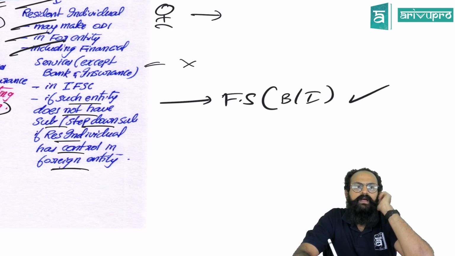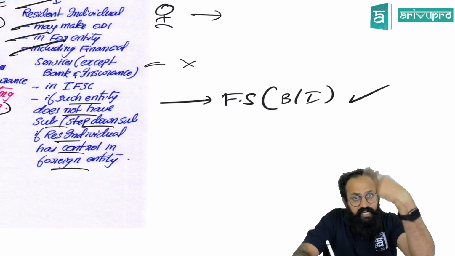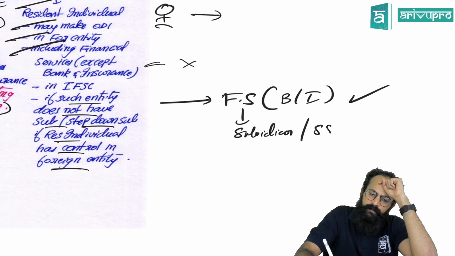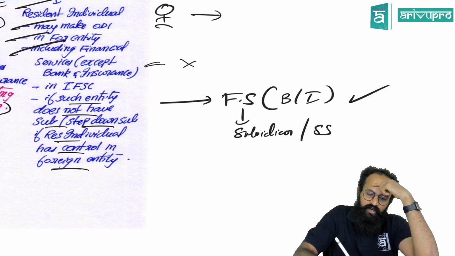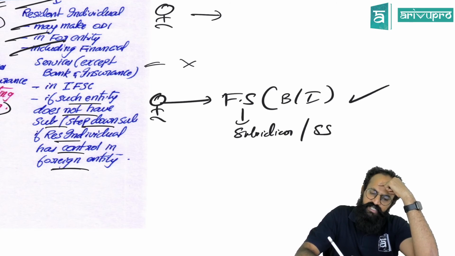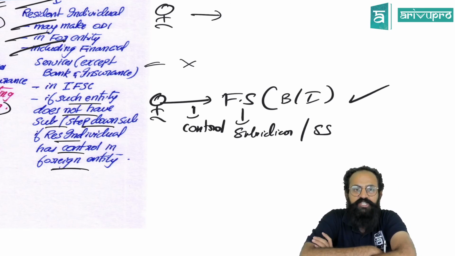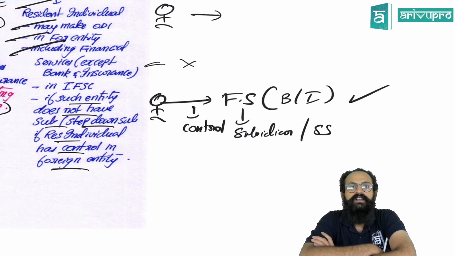Okay. However, people, he cannot invest when these financial services have subsidiary companies or step-down subsidiary companies, and whoever is the Indian person investing is also having control over such company. Then, people, they are telling you such companies cannot accept the investment from the individual.